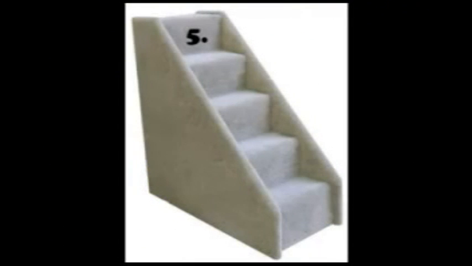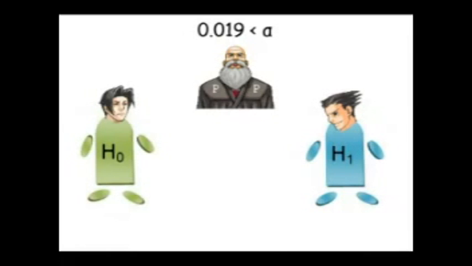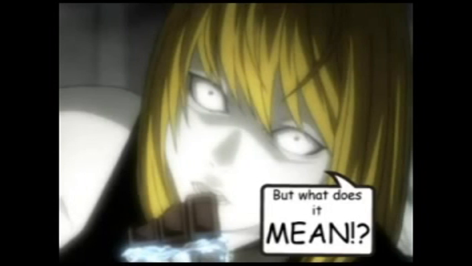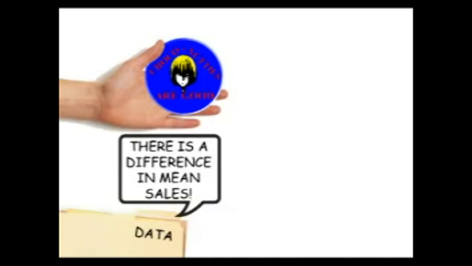Step 5. The calculated p-value of 0.019 is less than alpha, which we decided was 0.05, so you reject the null hypothesis. Helen would like to know what that means, so you explain that the data she has collected indicates that there is a difference in mean sales depending on whether you offer a free sticker or not.